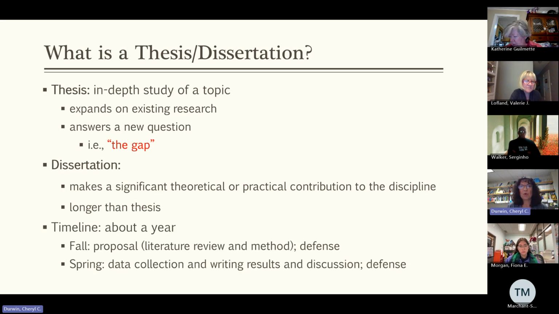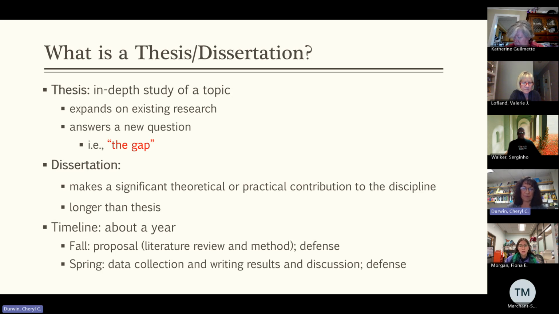Timeline, okay, for each of those, it's about a year. Sometimes you take a little bit more for your dissertation, but for the master's thesis, usually it's a fall, spring timeline, or it can be done spring, fall as well. But your first semester is the proposal, where you're developing the literature review and the methodology. In some fields, that's called Chapter 1 and Chapter 2.